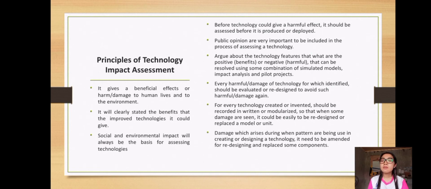Seventh, every harm or damage of technology which is identified should be evaluated or redesigned to avoid such harm or damage again. Eighth, every technology created or invented should be recorded in writing or modularized so that when some damage is seen, it could easily be redesigned or a model or unit replaced.